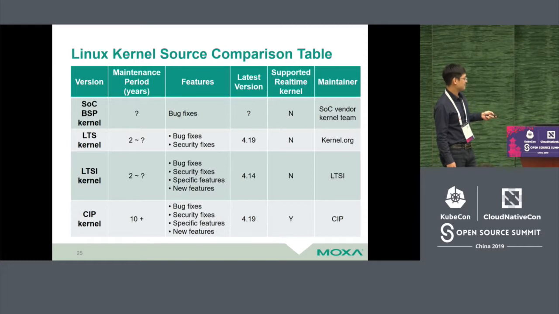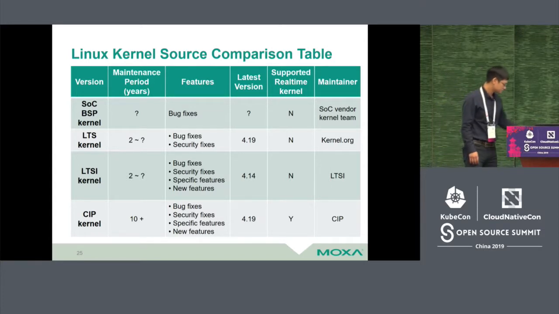So does the CIP kernel. For the latest version, the LTS kernel is 4.19 and CIP is 4.19, but LTSI is 4.14. For real-time kernel support, only the CIP kernel supports the real-time kernel. So that is the comparison.